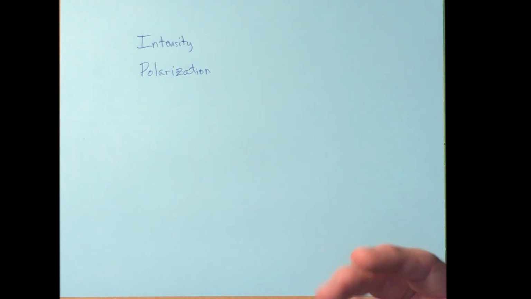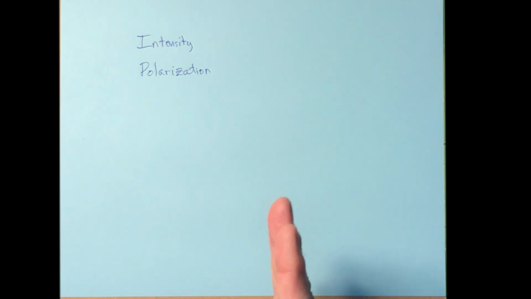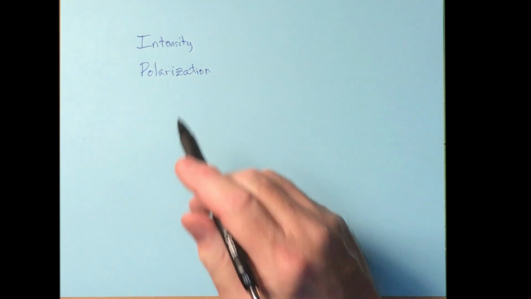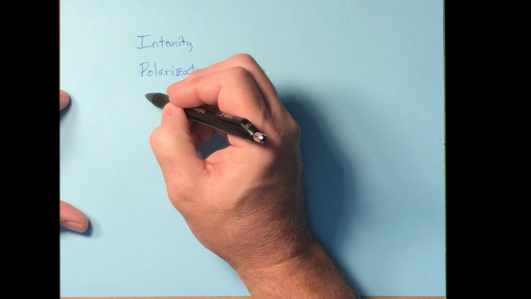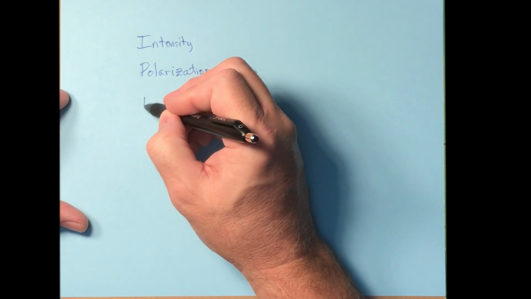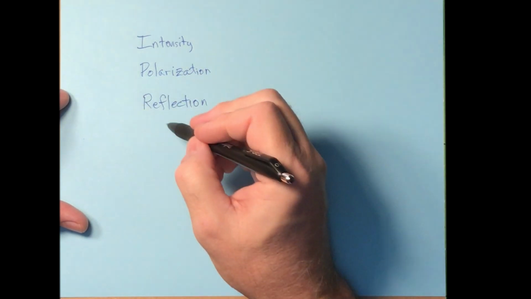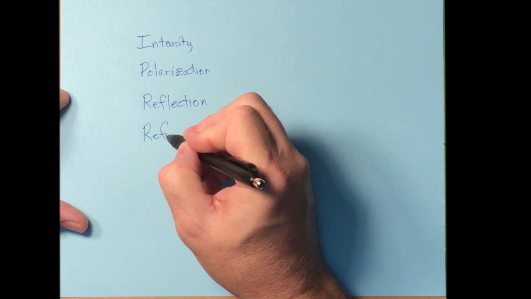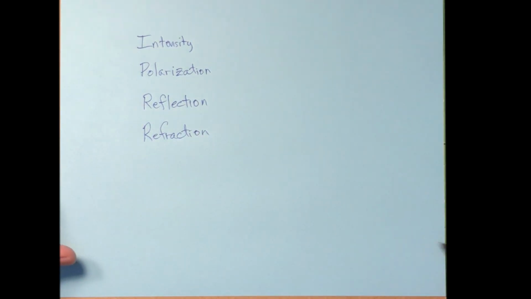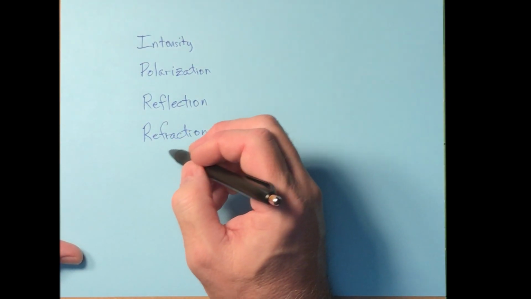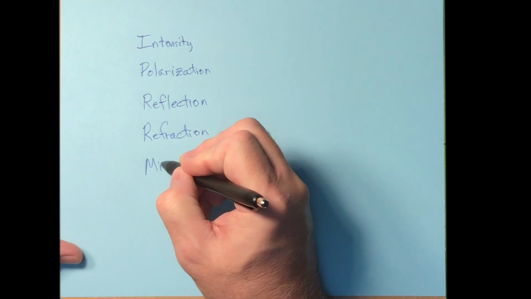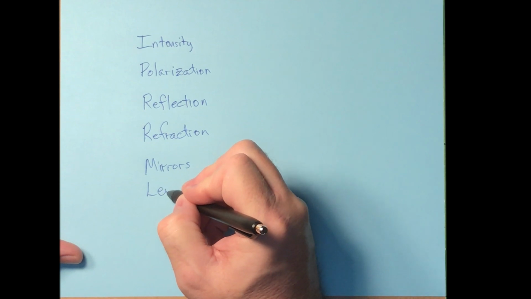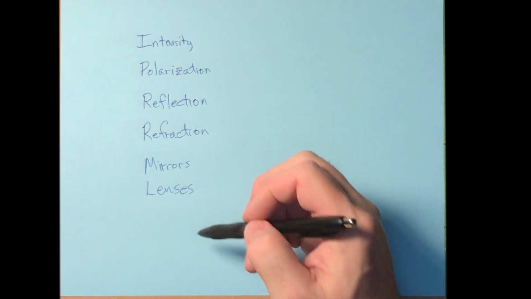Polarization is a way to take those E fields and line them all up. So we'll talk a little bit about that. And then we'll talk about two more characteristics: reflection and refraction. These two things are naturally going to lead into discussions of mirrors and lenses. Okay, that's where we're heading.